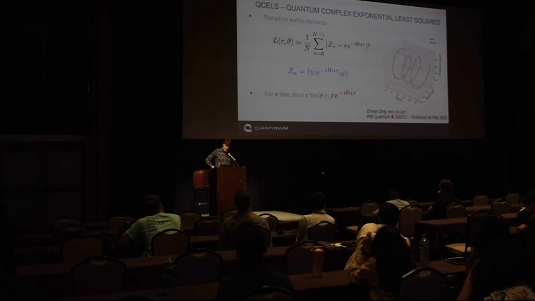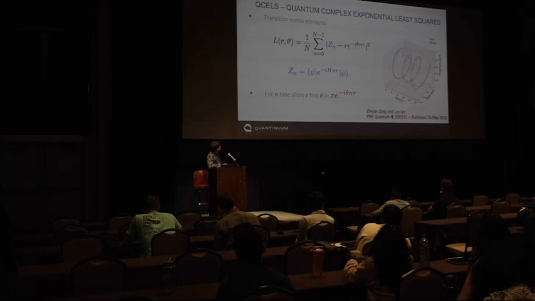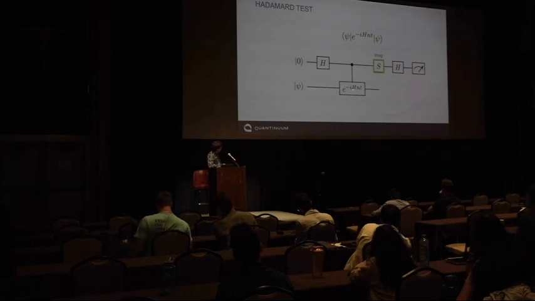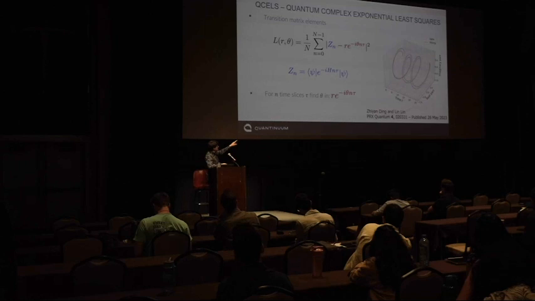This is some work by Lin, published very recently, this year. They came up with this brilliant idea where you use the Hadamard test that we showed on the last slide for different values of n. So you basically get this discrete spiral. This is measuring the spiral of the evolution.